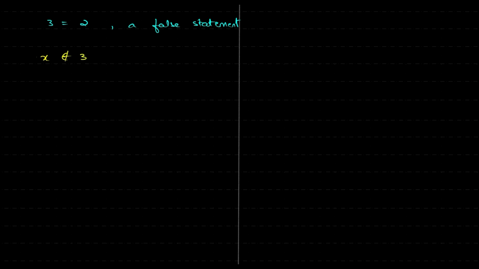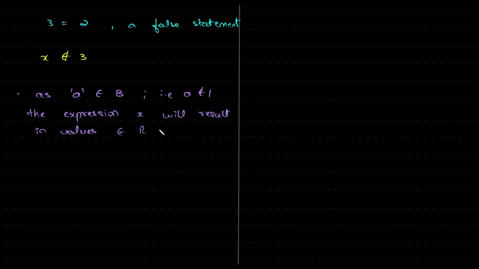So all in all, what can I write? Yes, we can just end up writing the following. As a belongs to B, that is a is not equal to 1, the expression for x will result in values that are part of the real numbers excluding 3, which is nothing but our set A. And so what do we have?